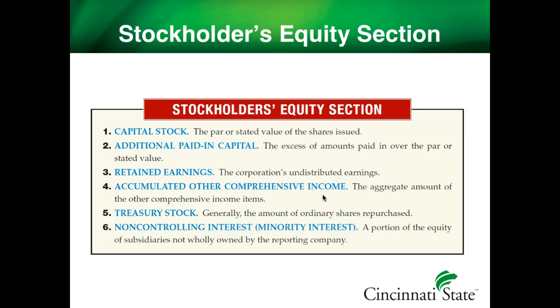We may also see treasury stock, which is the amount of money paid to repurchase corporations' own common stock. Non-controlling interests or minority interest is the portion of the equity of subsidiaries not wholly owned by the reporting company. This information will be reported in the stockholders' equity section if it is applicable to the corporation.